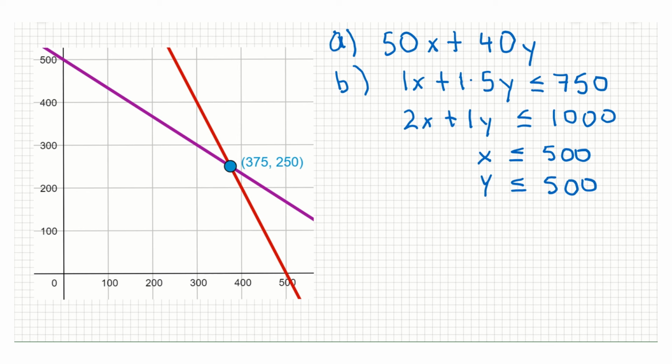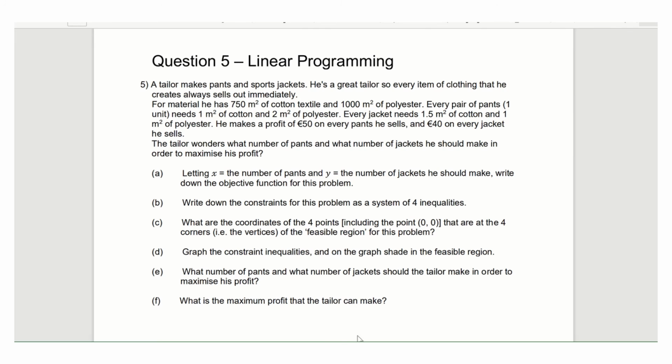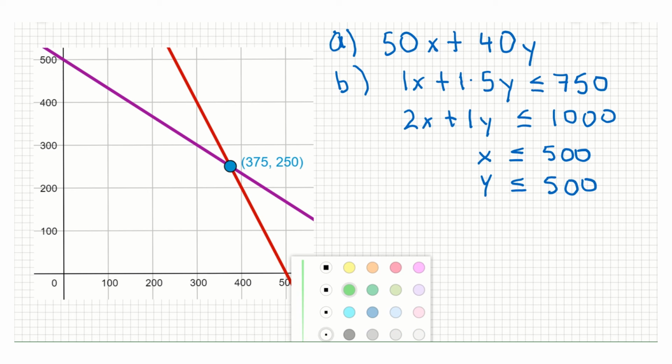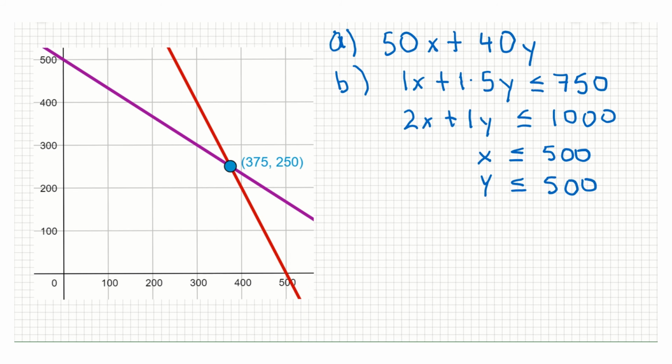Okay, question C asks you the coordinates of the feasible region. So we took this graph. I'm going to take the highlighter for this, and that's as close to purple as I have.